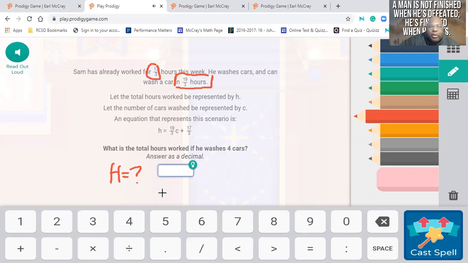And we know that he can wash 19 over 3 cars per hour. So 19 over 3 cars for every hour. And he's going to do this for 4 hours.